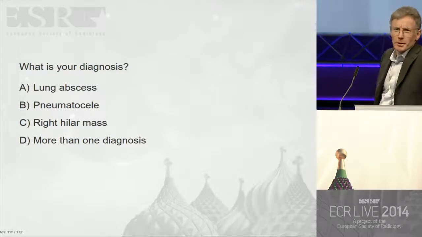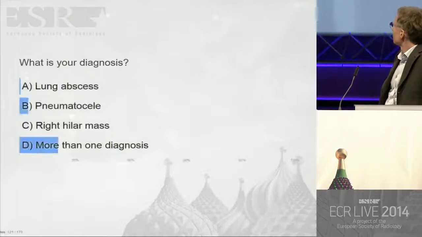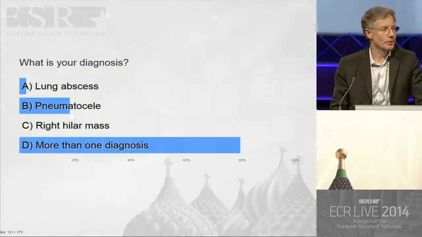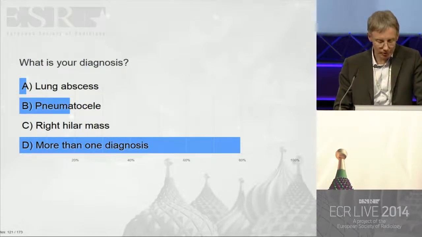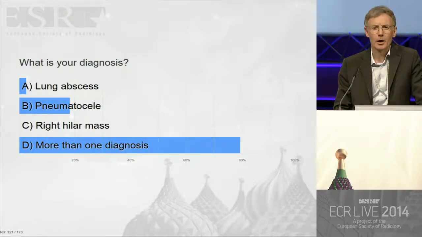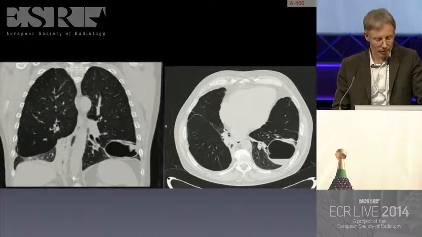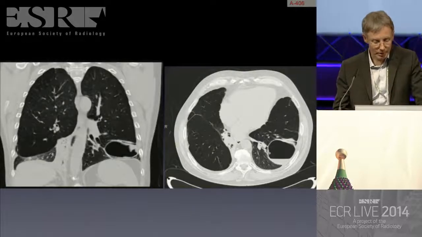Okay, we could see the results, please. Very good. I would like to be able to ask you individually what you saw, but we can't do that here this afternoon with the numbers present, but the answer is more than one diagnosis, and what we're trying to show you with this case is right lower lobe collapse, which is identified on the CT scan, which was performed because of the pneumatocele, or the cavity anyway, with the air fluid level seen on the chest X-ray.